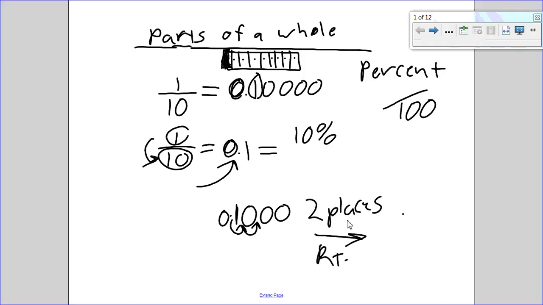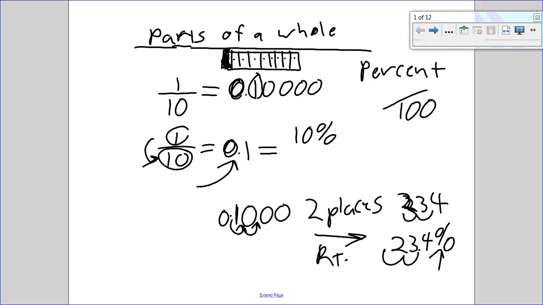So if you have 0.234, okay, that's what you have. We move it 2 places to the right. We have 23.4%. Okay? It started out here. It moved 1, 2 places. You move it 2 places to the right. You add the percent sign, and that is your percent.